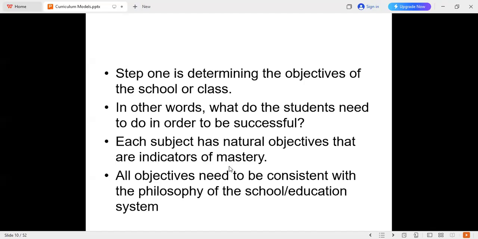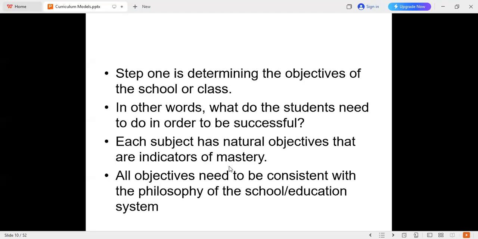At the beginning, we studied the relationship between education and philosophy, the impact of philosophy on curriculum. You can remember three domains identified should be considered when we develop a curriculum. It can be school level, regional level, or national level. Those are philosophy, psychology, and sociology.